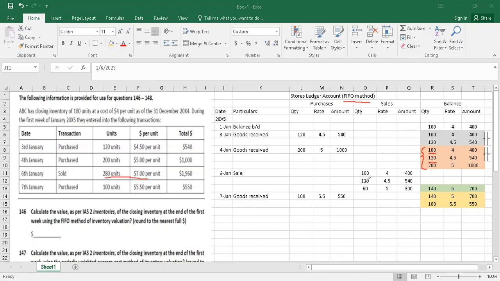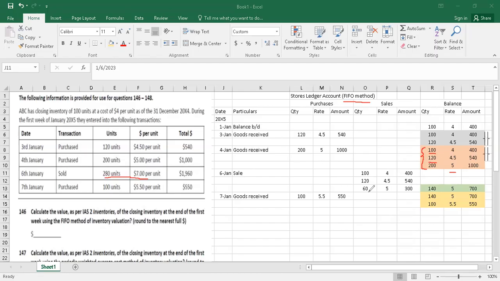Now 100 and 120 together is 220. The requirement is 280. Therefore, take another 60 units out of the third lot, which has a rate of 5 per unit. So 60 units will be charged at 5 per unit, which is 300.